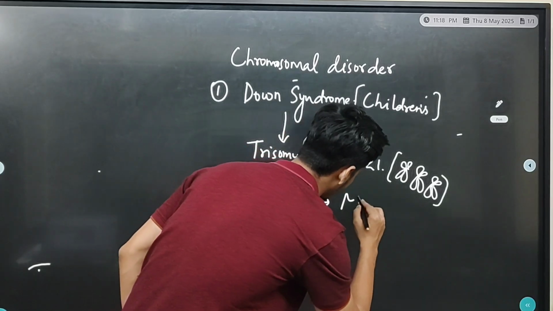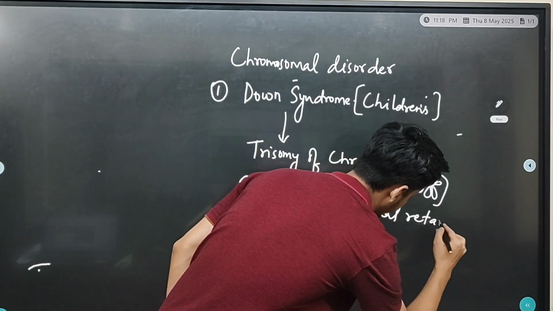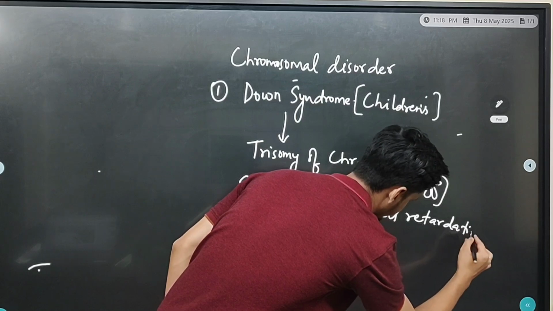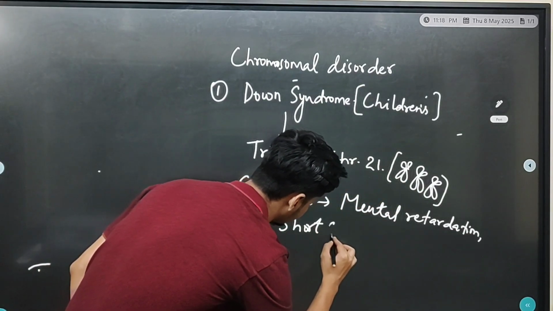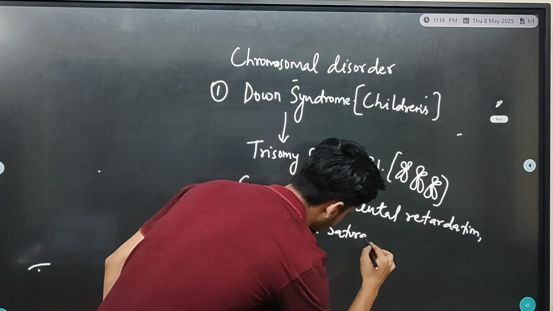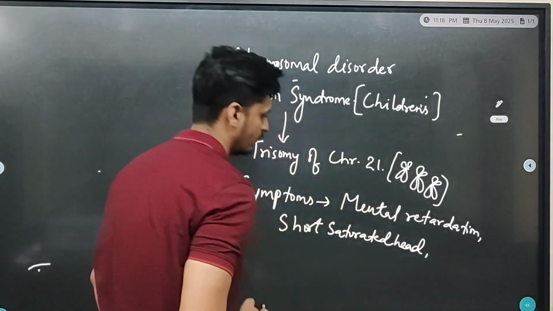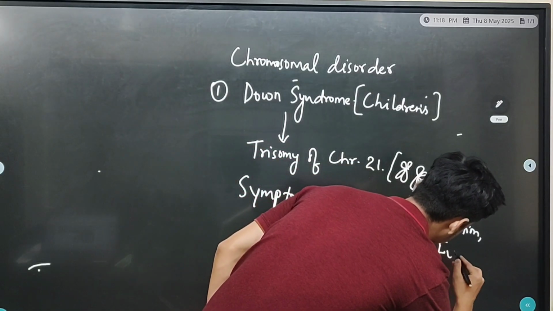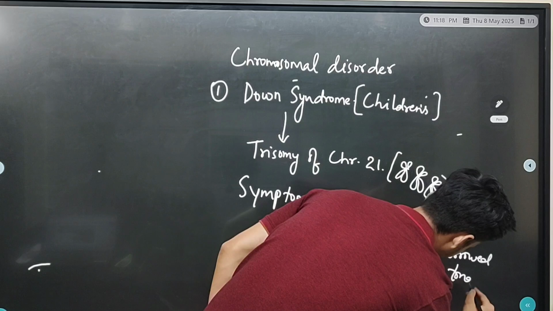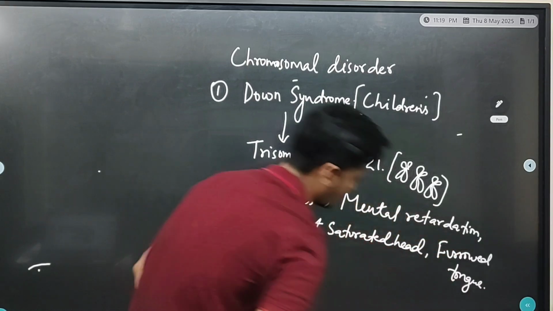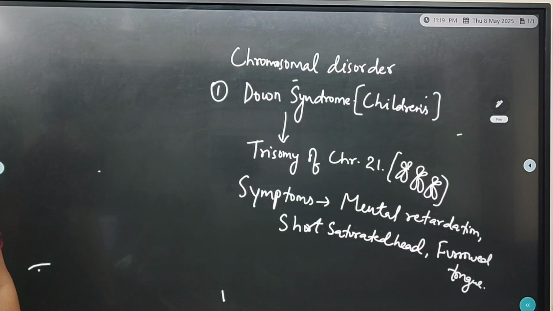Symptoms: mental retardation, short saturated head, furrowed tongue. So these are the symptoms of Down syndrome.